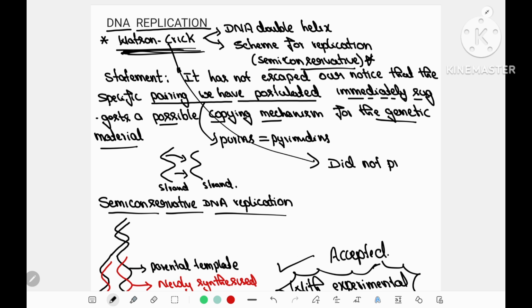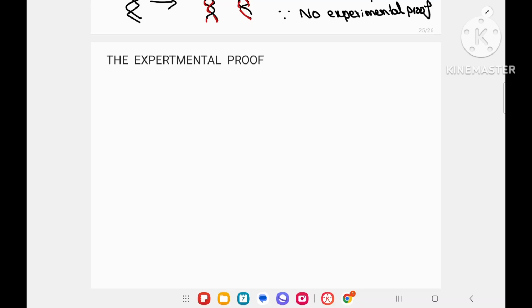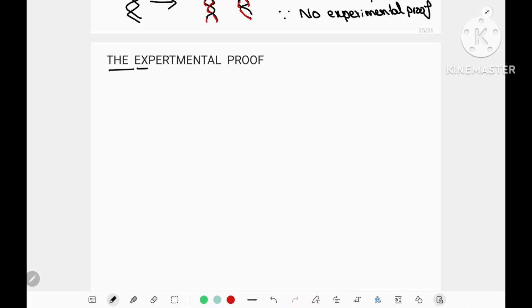The answer is Watson and Crick. But they did not prove it experimentally. Semi-conservative DNA replication was experimentally proven by Meselson and Stahl. From now on we will discuss in detail the Meselson and Stahl experiment, the experimental proof for semi-conservative DNA replication.